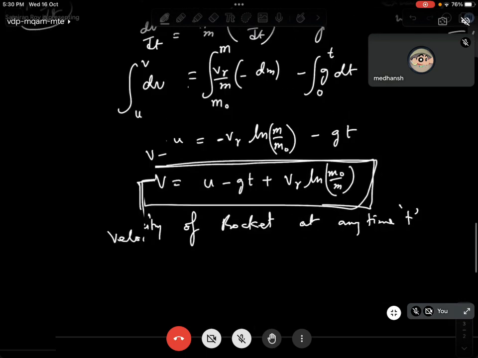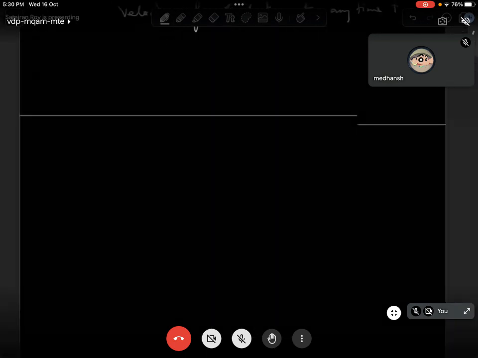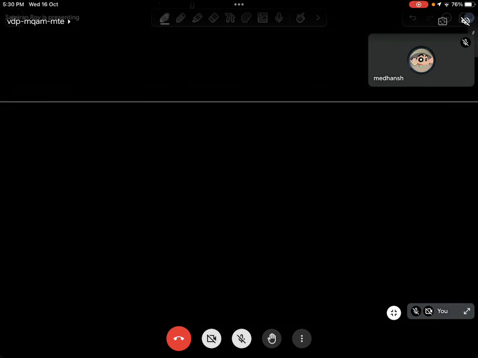So this is about the rocket. In other cases also, we can discuss some general variable mass systems. What is a general variable mass system? You must have seen, when you have gone to an airport, there is a conveyor belt, and one person is taking their luggage, then another person is taking theirs. So the mass on the conveyor belt is changing.